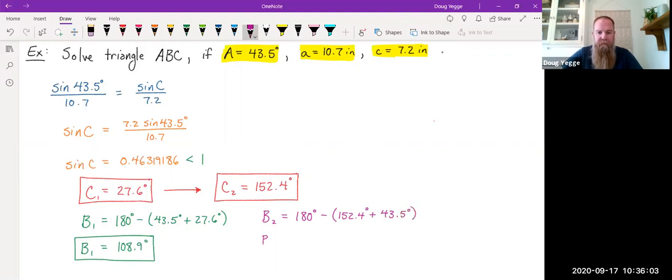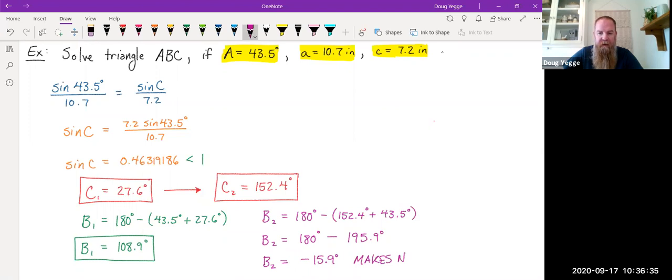And therefore B2 is equal to 180 degrees minus, now if I add these together, 195.9. Which means that if there was a second triangle, B2 would have to be negative 15.9 degrees. And that makes no sense.